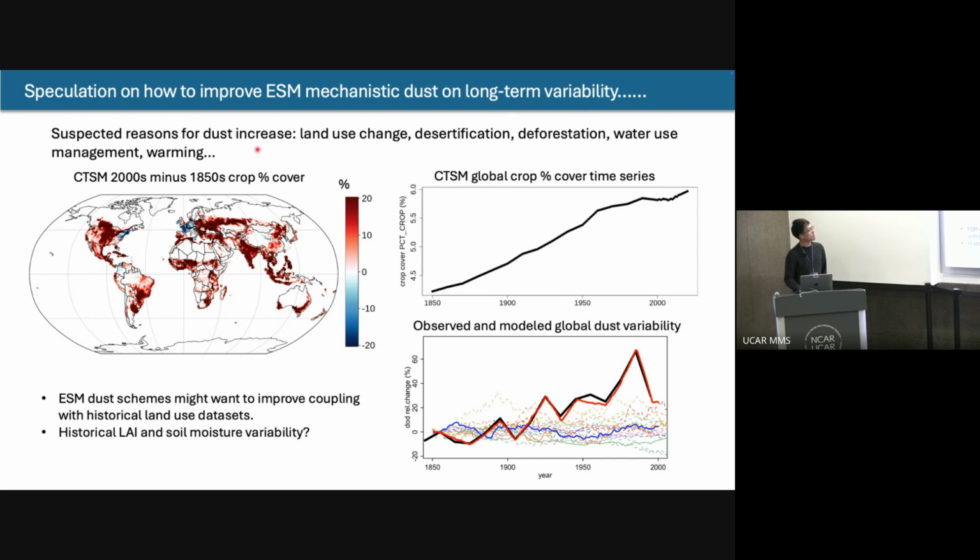So some of the suspects that we don't couple too well with are land use change, desertification, deforestation, water use management, and warming, etc. So the dust schemes may have problems or issues coupling with these historical land use data sets, as well as LAI variability could be really important in governing the regions of dust emissions as well.